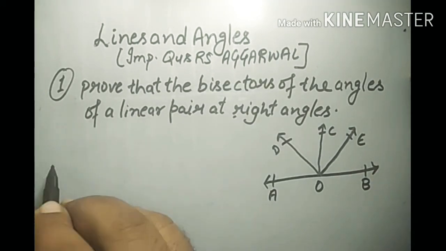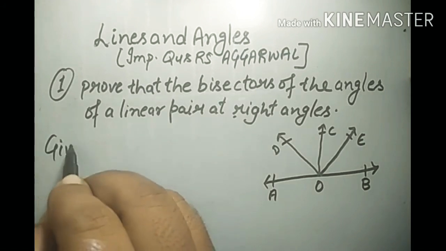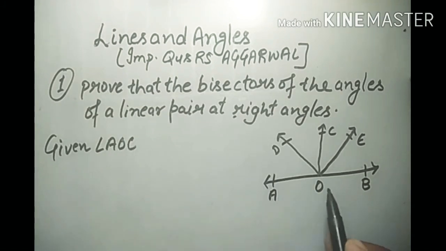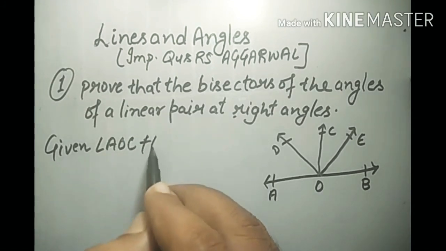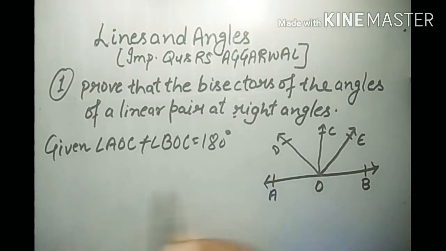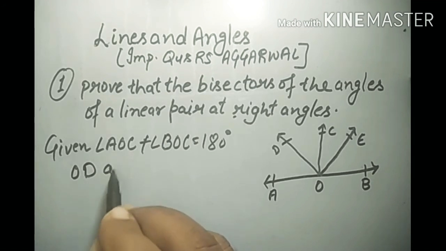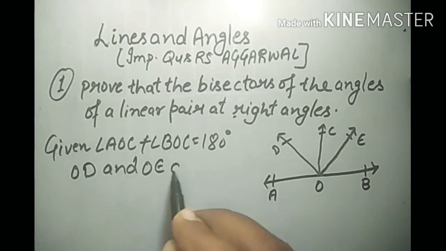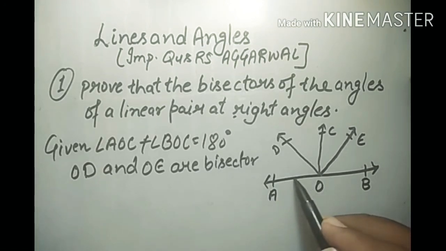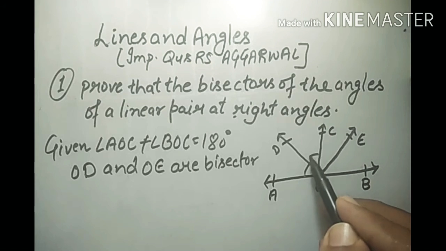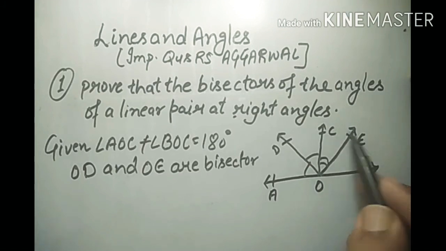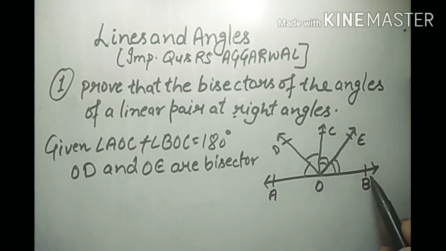Okay, so first we need to write the given: angle AOC plus angle BOC is equal to 180 degrees, and OD and OE are bisectors. Okay, so we can write angle AOD is equal to angle DOC. Similarly, angle COE is equal to angle BOE.